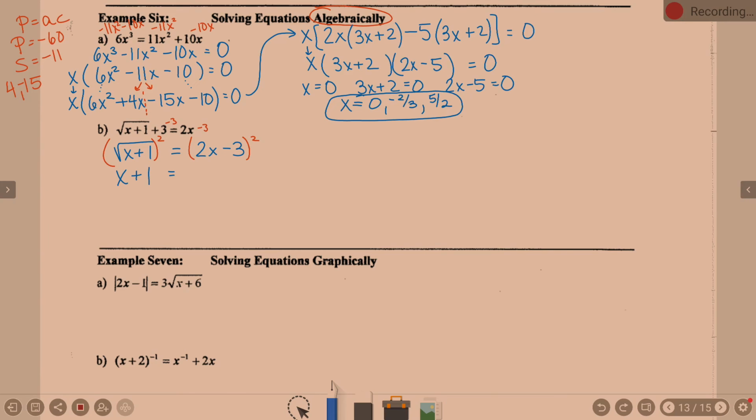Here's the key. Is it just 4x squared plus 9? No, you're going to get yourself in trouble if you just tell me it's 4x squared plus 9, because you're forgetting the middle term. 2x minus 3 quantity squared is 2x minus 3 times 2x minus 3. And how do we multiply 2x minus 3 times 2x minus 3? We FOIL, don't we?